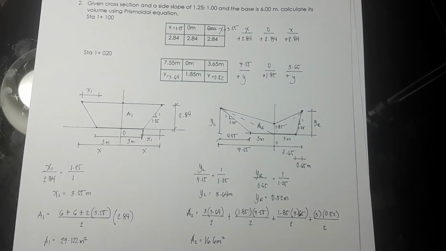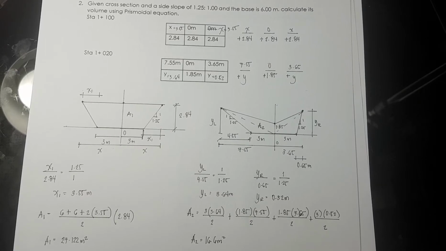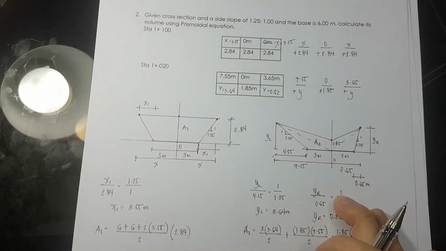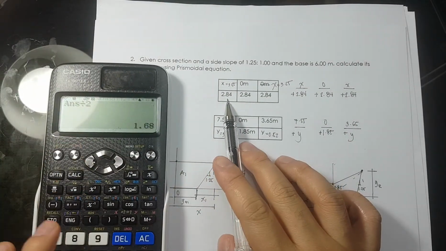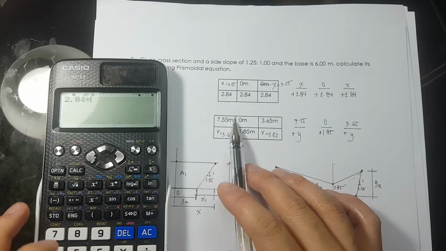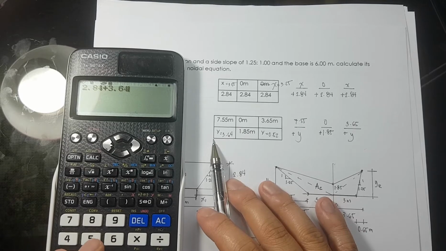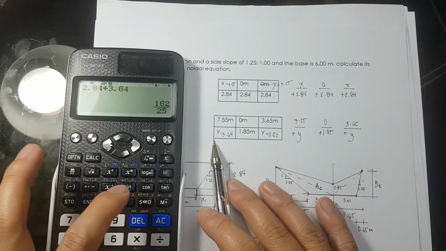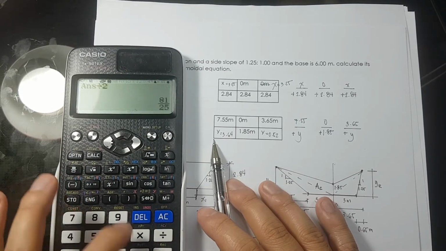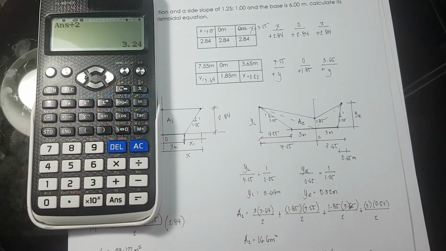Okay, so positive 1.68. Now to the left of the center we have here 2.84 plus 3.64. Pag negative yan, isusubtract natin. Okay? But since it is positive, we're going to add. Then divided by 2. That is 3.24.